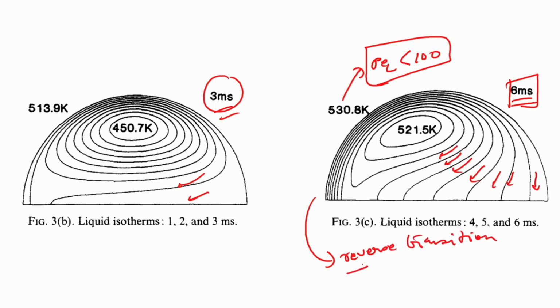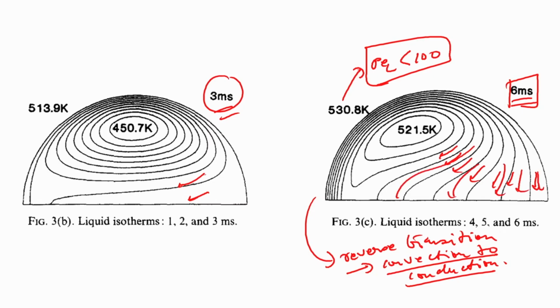They have started mimicking the transition from convection to conduction. Because you see once again the streamlines are curving down like this, it is no longer extending all the way. So it is basically a reverse transition, because the Peclet number here has fallen below 100.